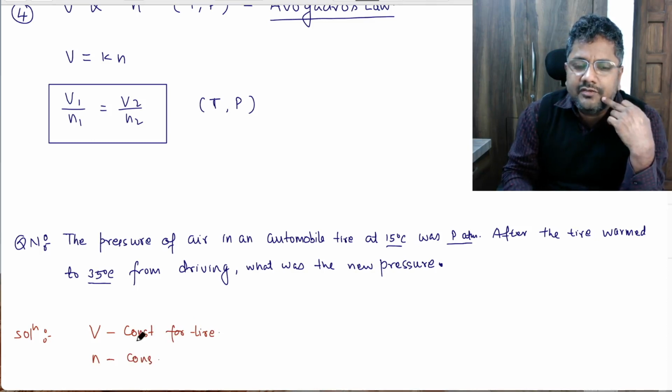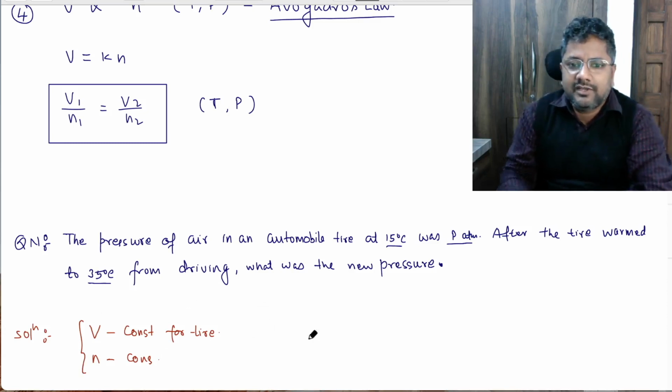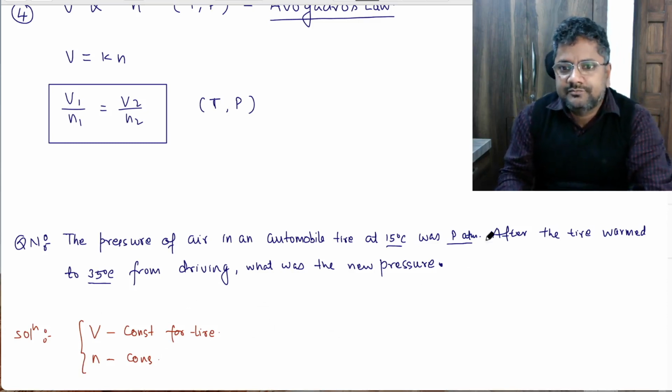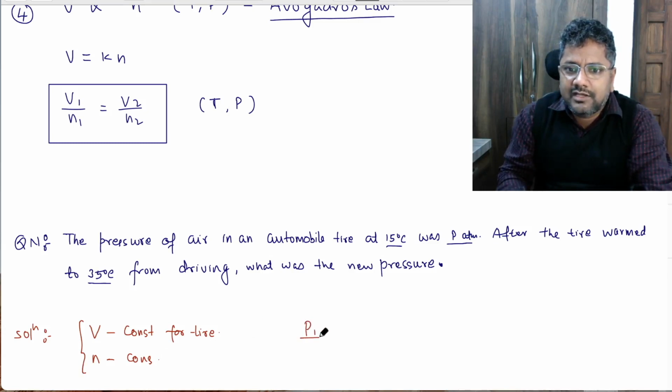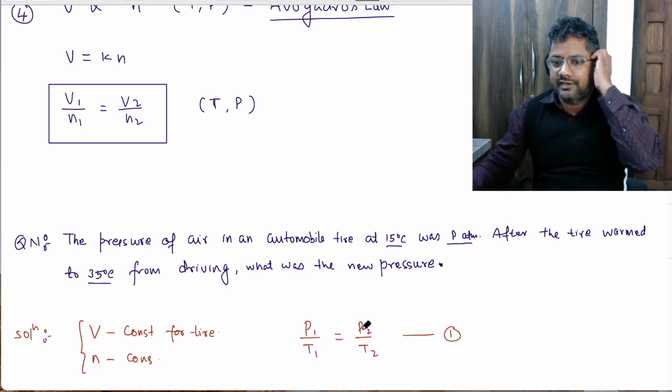So if V and n are constant, can we make the relation between P and T? So P1 by T1 is equal to P2 by T2. This we can use. So we are going to use this equation.